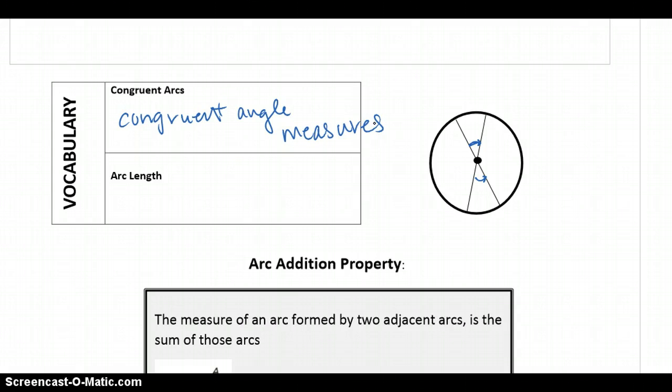The arc length, whenever we talk about the measure of an arc, it has to do with the angle in there. The arc length is the actual distance that you would go if you're walking from one point on the circle around to another point on the circle. So what do we call the length around the whole circle? The circumference. So the arc length is a ratio or a portion of the circumference of the circle.